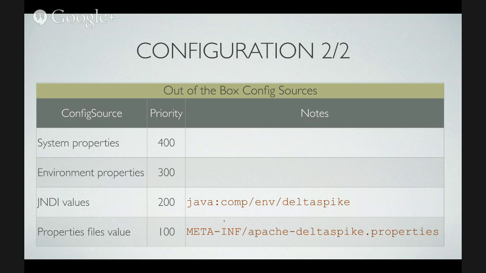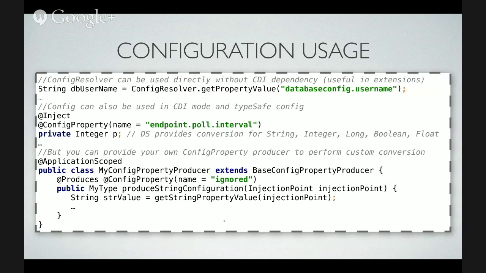So how to use this configuration? It's quite obvious. If you want to use it without a CDI dependency, you will use the ConfigResolver class, and as shown in the first example, with getPropertyValue, you give a key and you get the value. It will look in all the active configuration sources present in your project.